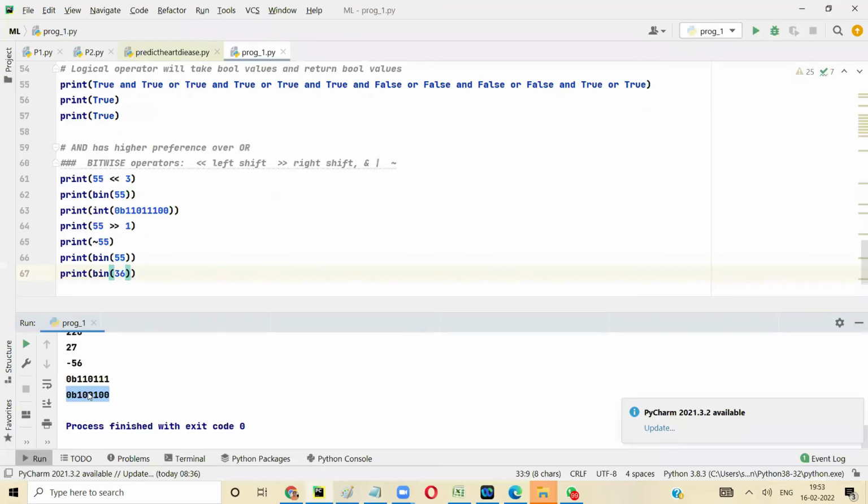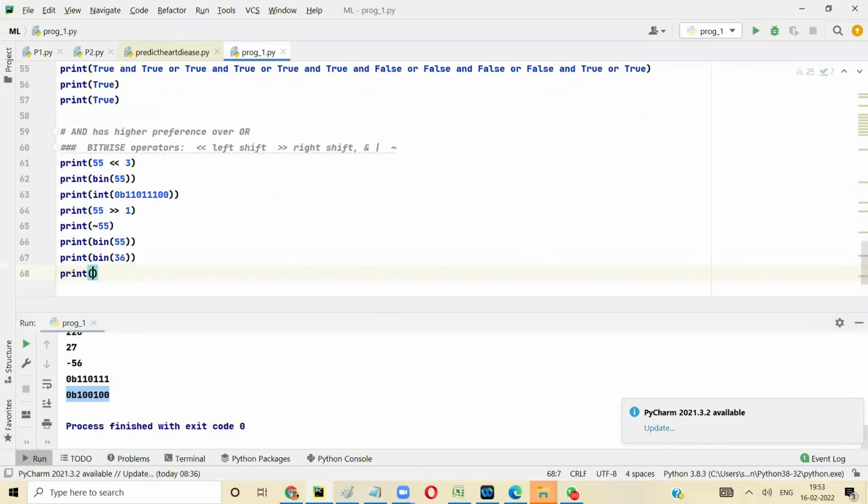We can remove this for now. Now I want to do the and of 55 and 36.